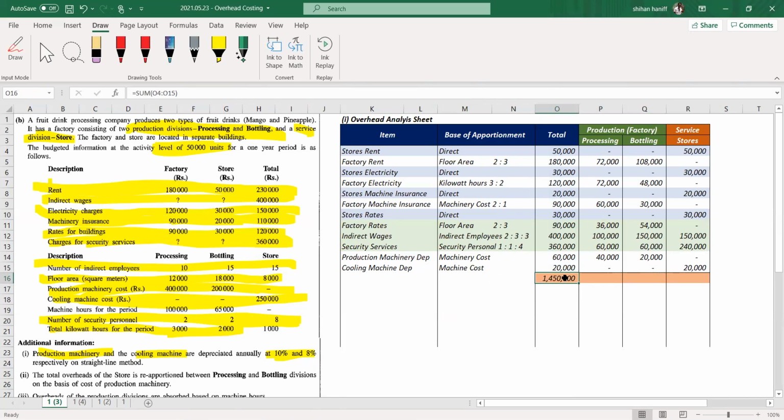And 450. 440, 470, 540. 440, 470, 540. Right, very good. So this is the total cost.